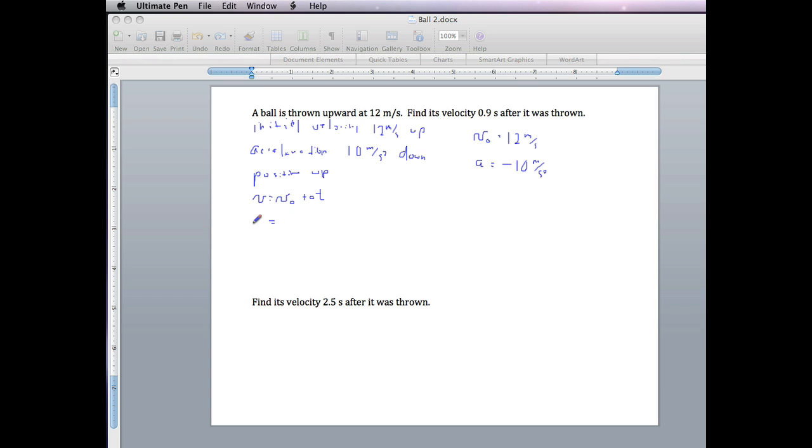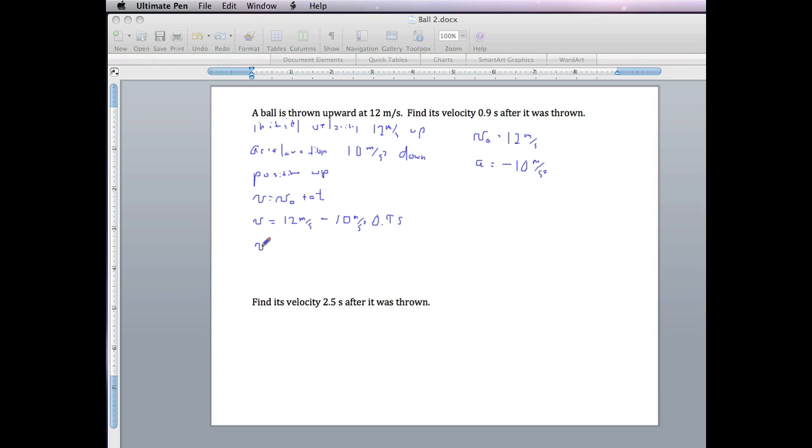Plugging in the numbers, we get 12 meters per second plus a negative, I'll write that as a minus, 10 meters per second squared times the time, 0.9 seconds.